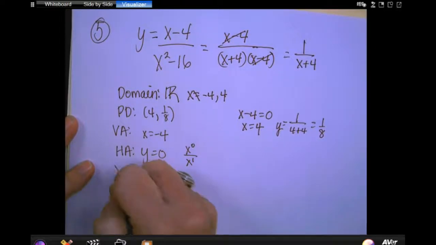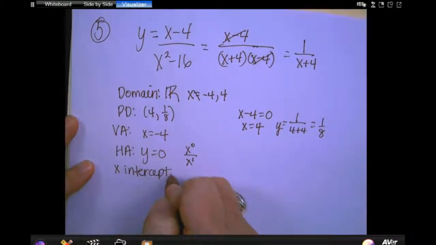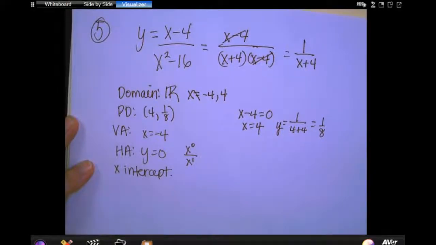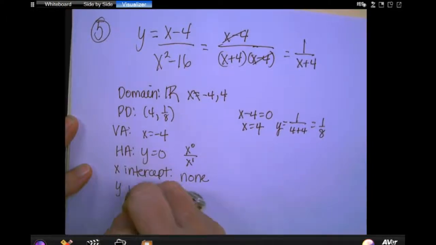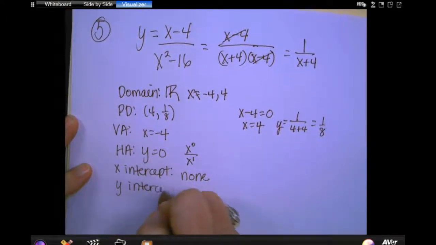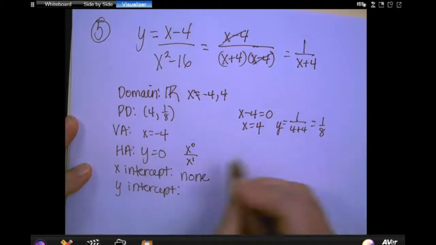So my x-intercept I get by setting the top equal to 0. Is there a variable there? If there's no variable, this is none. And my y-intercept I get by setting x equal to 0.